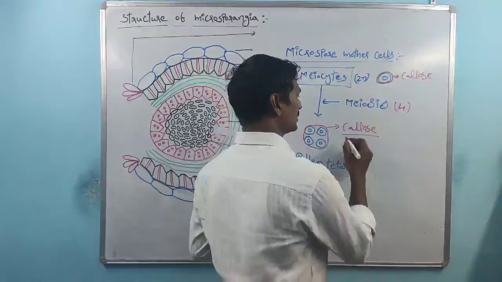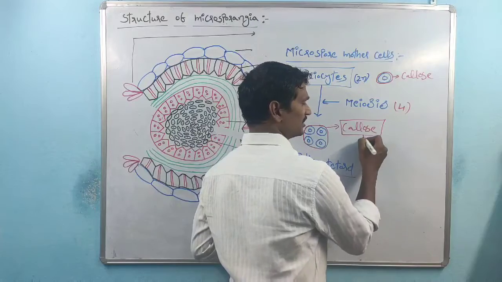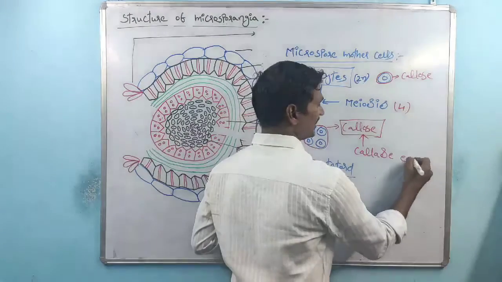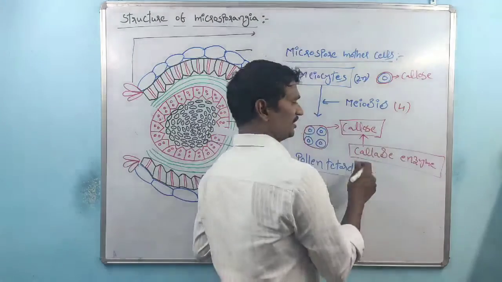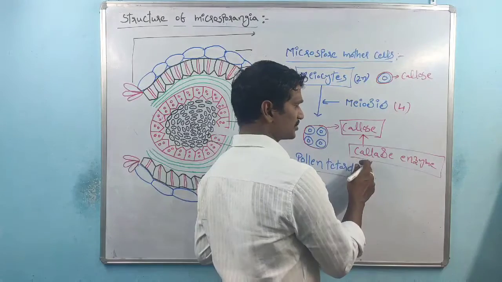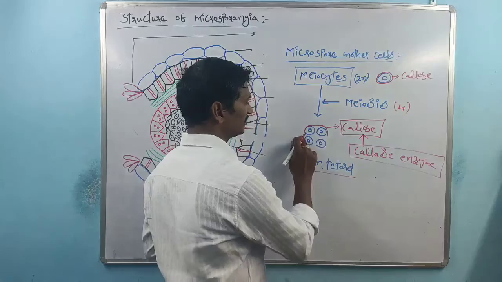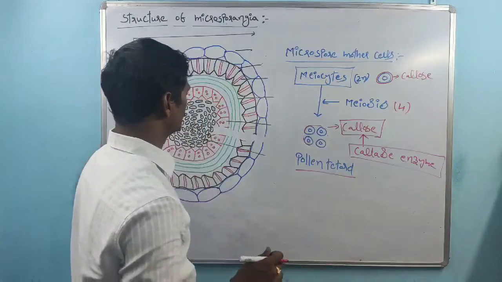Callose is a chemical substance, and it is cleaved by the callase enzyme. Once the callase enzyme is released, the callose layer is broken down. Then the pollen grains are free, and they are released.